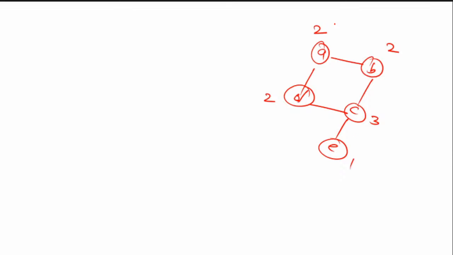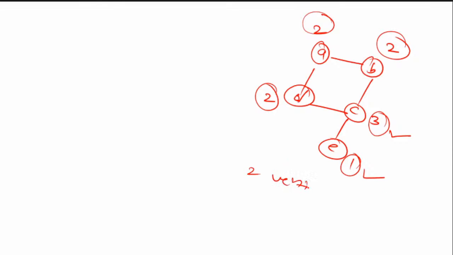Now, you can see this is even degree, this is even degree, this is even degree, this is odd degree, this is odd degree. So how many vertices are there of odd degree? This is an odd degree vertex, this is an odd degree vertex. So two vertices have odd degree.